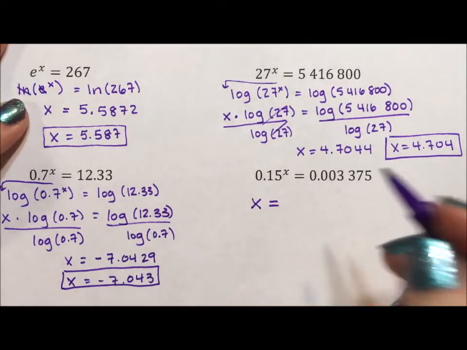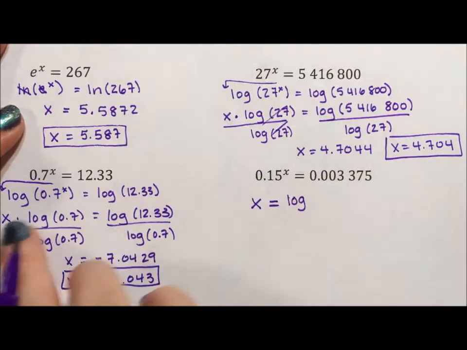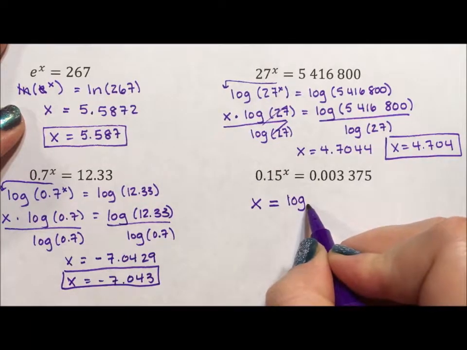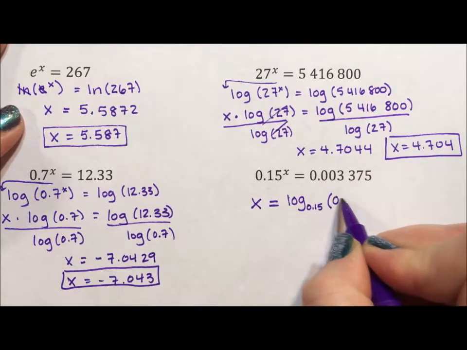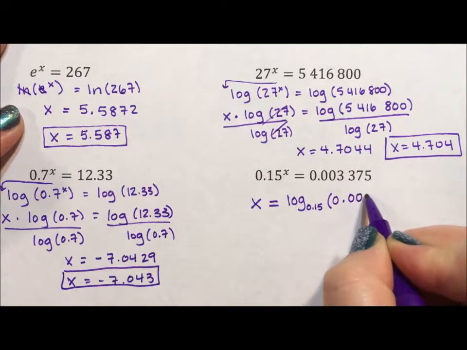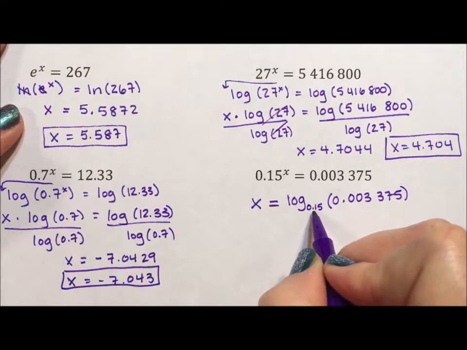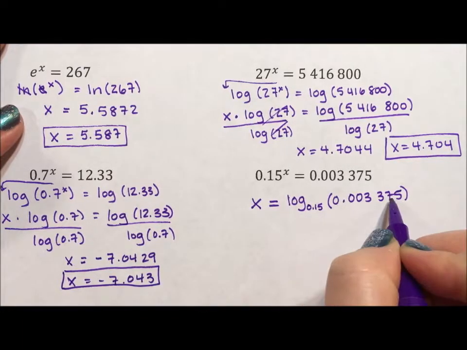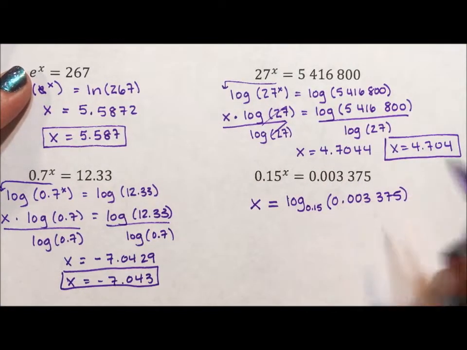That way I know where everything else falls. Log, but it's not log base 10. We've been using log base 10 here. It's log base 15, 0.15. And then this is the argument. And what a log answers is the question: 0.15 to what power equals your argument. Very literally what this problem states.